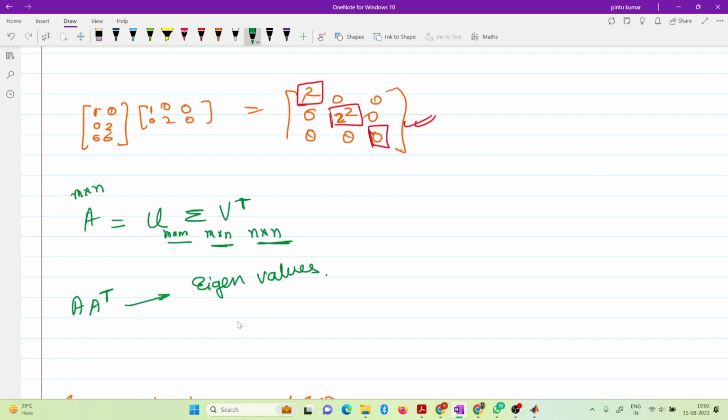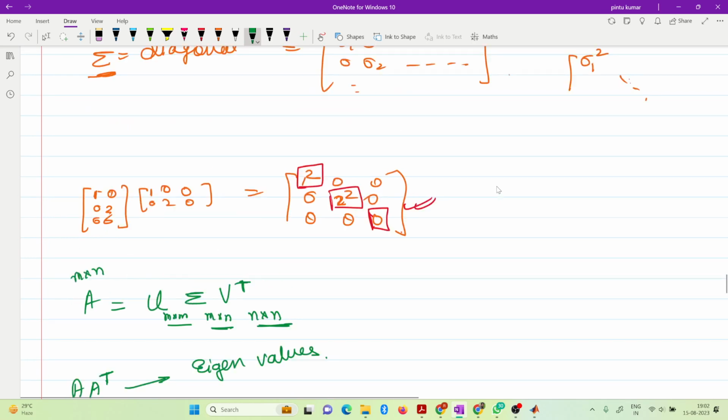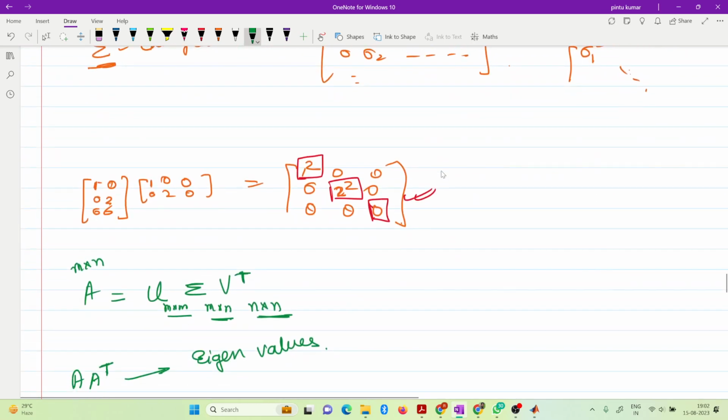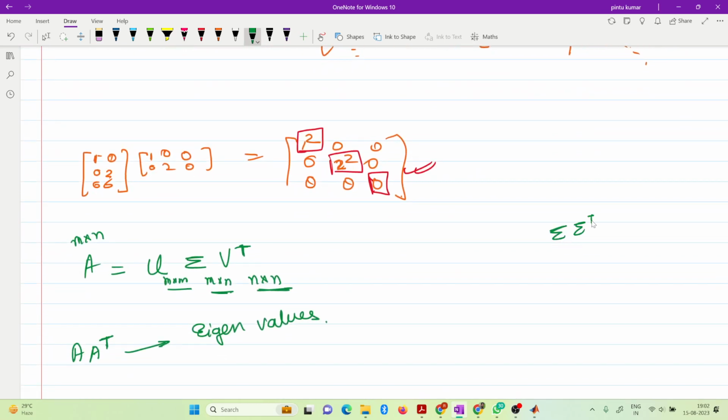How is sigma into sigma equal to sigma square? Sigma into sigma transpose is not literally sigma square, but I symbolically wrote it to represent that whatever matrix I would be getting would be the square of these terms. This is what I meant. Am I clear? Okay, sir.